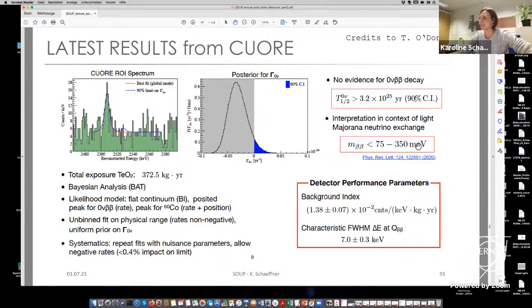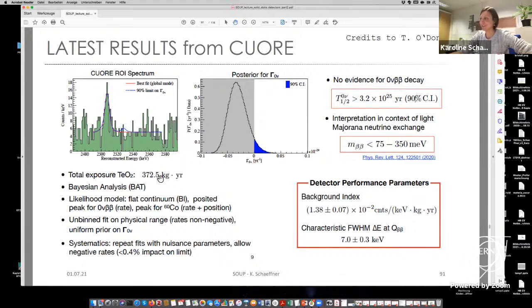This corresponds to an effective Majorana mass of 75 to 350 millielectron volts. They published this last year already, and it is from an exposure of about 400 kilogram years.